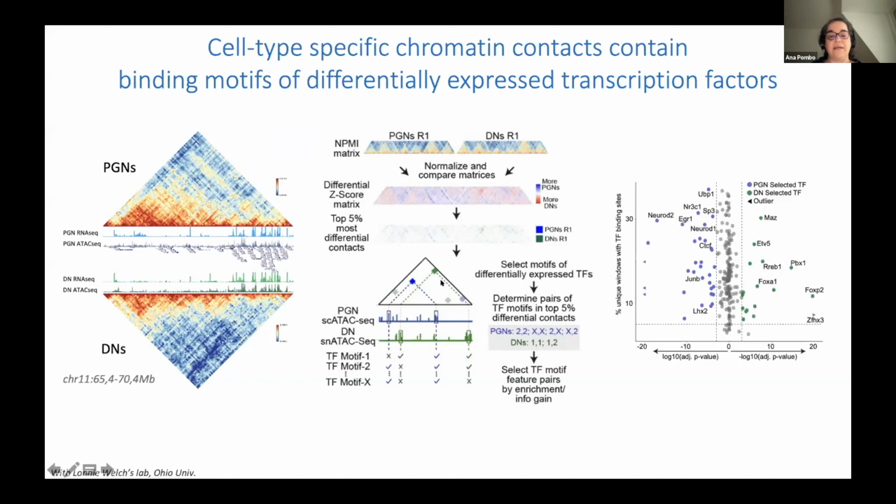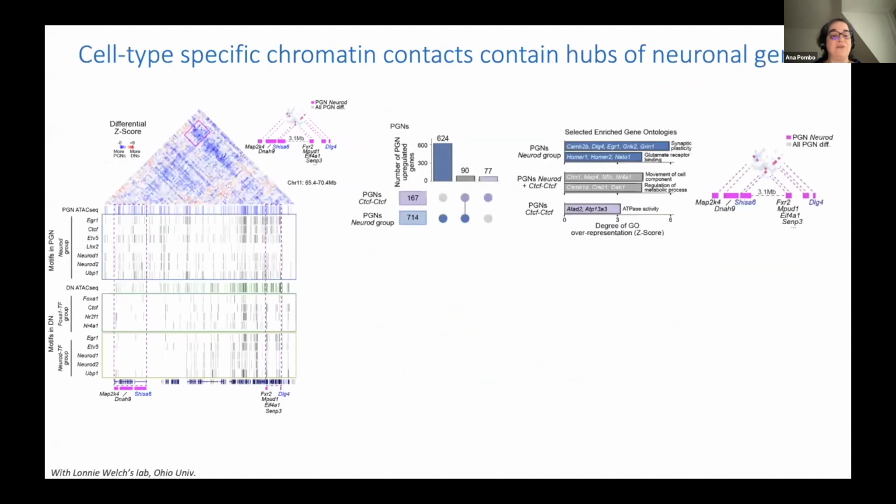We then asked in particular whether for these tag-sec peaks, we see putative binding sites for the transcription factors that are differentially expressed between the two neurons. And I need to run now, just to say that we did find contacts that contain very differentially expressed TFs that are found within the tag-sec peaks in the cell type.